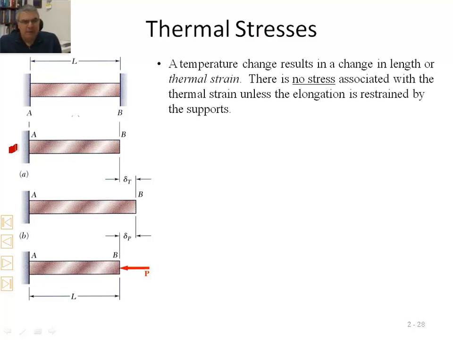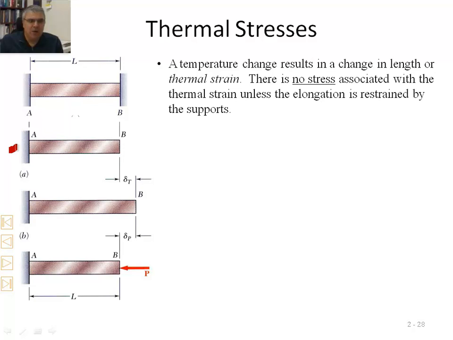So any temperature change to AB, increase or decrease depending on the temperature, would result in a change in length, or thermal strain. If it is due to temperature change, we call it thermal strain.